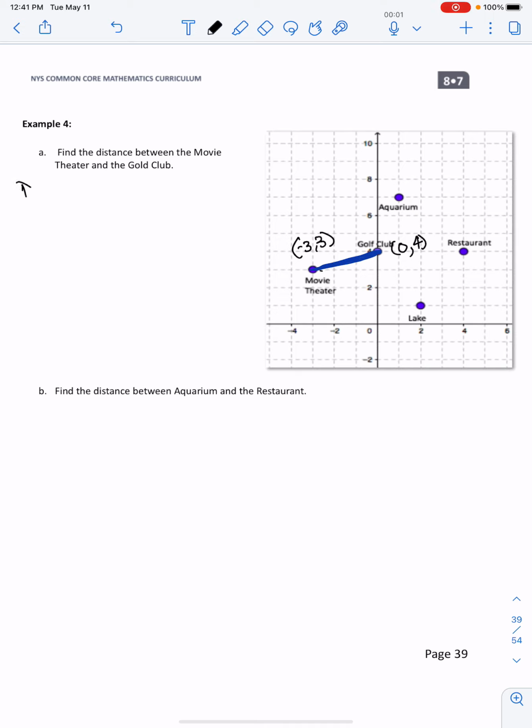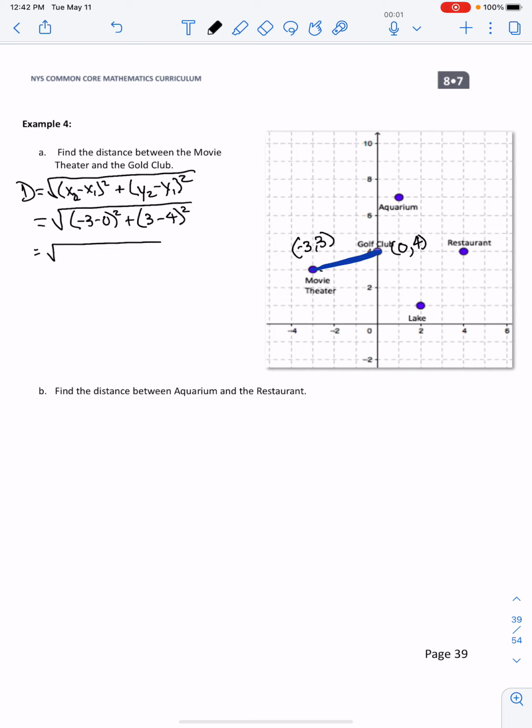So to find that distance, using our formula and replacing, I have -3 minus 0 squared plus 3 minus 4 squared.